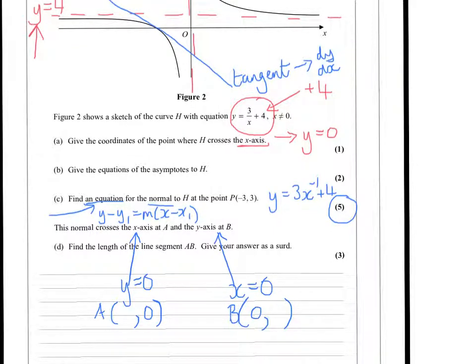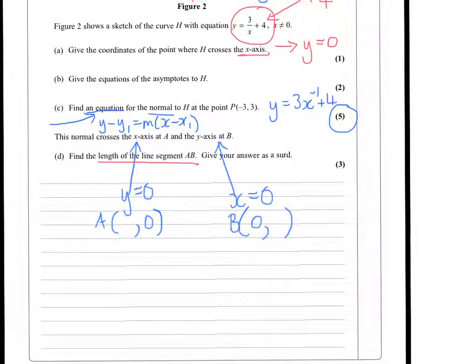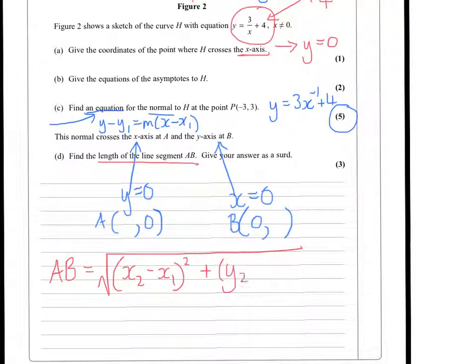And then find the length of the line segment AB, and I'm hoping that you'll recognise that as the distance formula. So AB would be equal to the square root of x2 minus x1 all squared plus y2 minus y1 all squared.